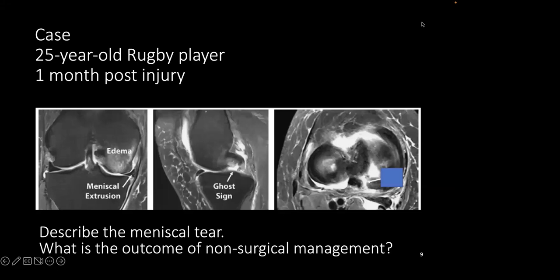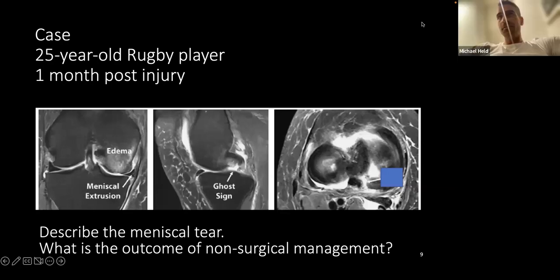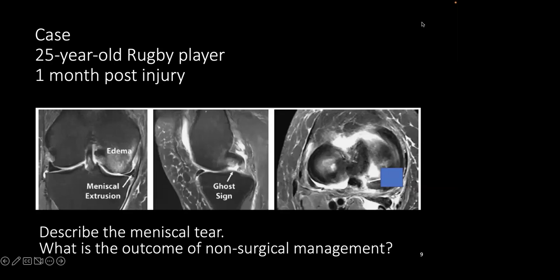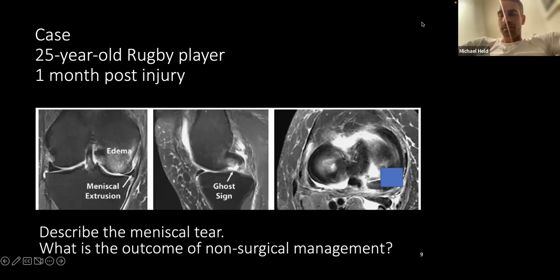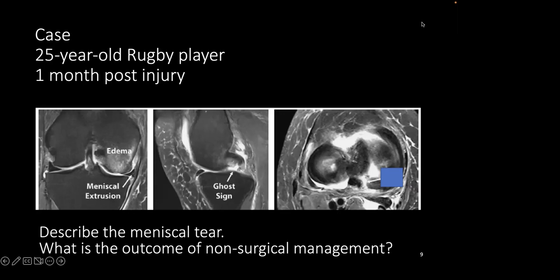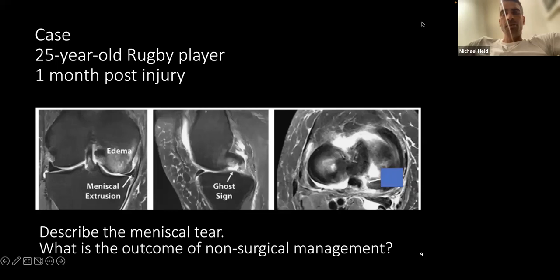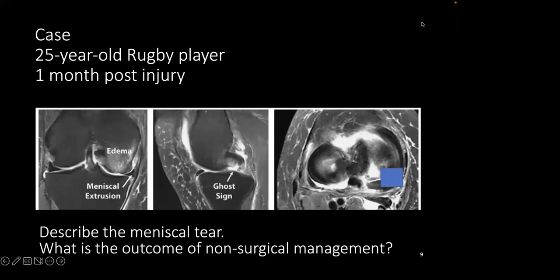There's a ghost sign at the back, which does mean avulsion of the meniscus, the posteromedial. And looking at the axial cut, there's also something plotted out there, but you can see there's a hyperintensity in the posteromedial corner.